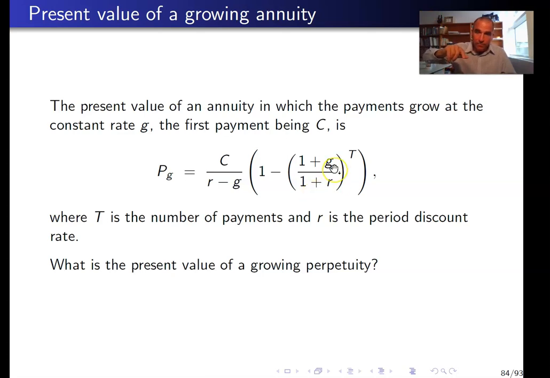Whereas if the growth rate is larger than or equal to the discount rate, even though I'm discounting more and more payments which are going to be received far into the future, when I compute the present value, I always add up numbers that increase, and that gives me a sum that is infinite.